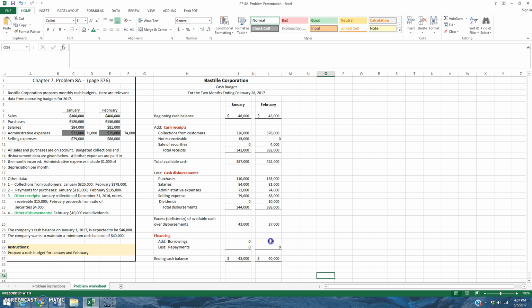And you can figure this out just by looking at it. But if it was a situation where you can't, what you would do is take your ending balance and subtract the excess that you have, and that would give you the amount that needs to be borrowed in order to get to your minimum cash balance of $40,000.